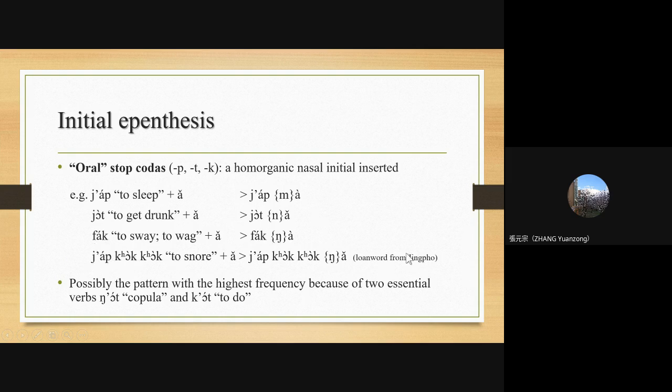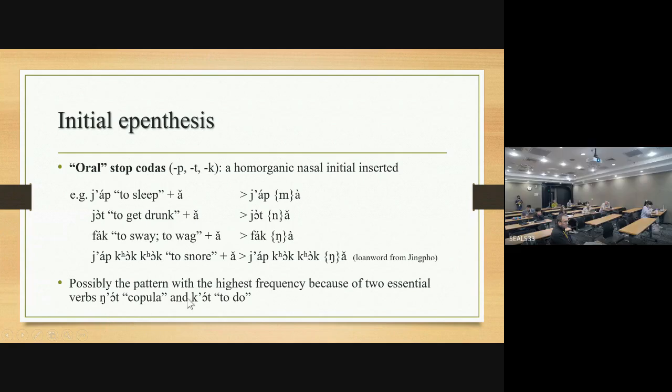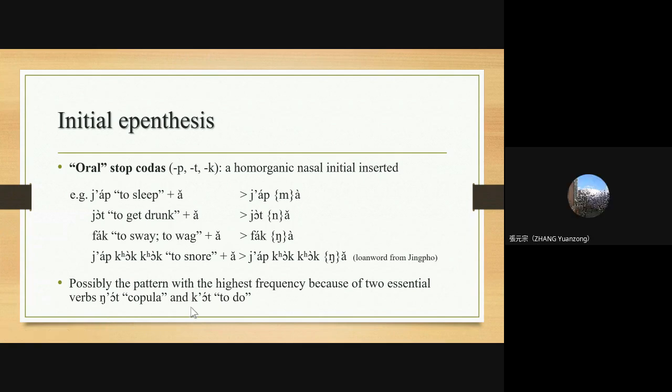For long words, like the word to snore, which is a long word from Jinghpo, it happens as well, like yap kok kok na. Possibly this is the most frequently attested pattern because of two essential words, that is the copula ngot and to do, which is got. In those cases, it would be ngonna and kotna respectively.